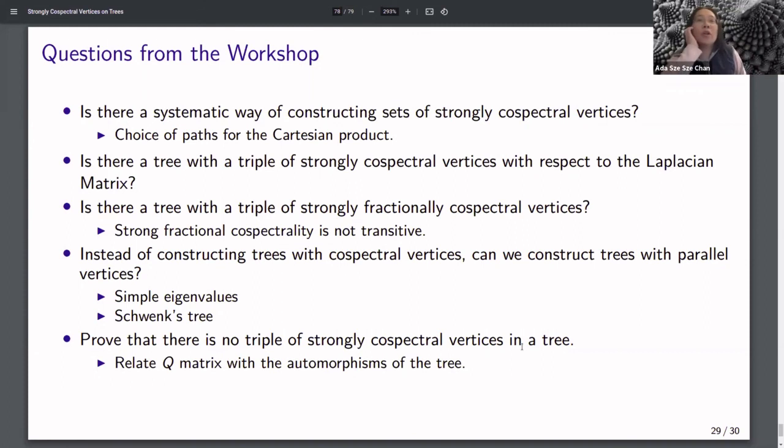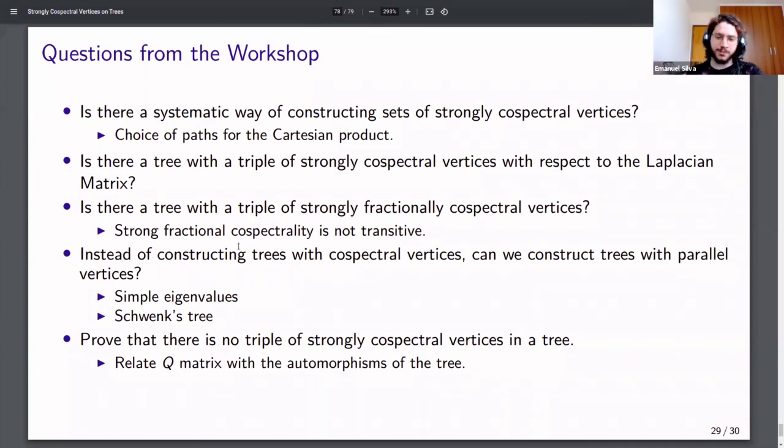Will your approach work for strongly fractionally cospectral vertices? I haven't tried, but the cospectral vertices that I created are also fractionally cospectral, right? Yeah, but you have more room to play with it. Just look at strongly fractionally cospectral vertices.